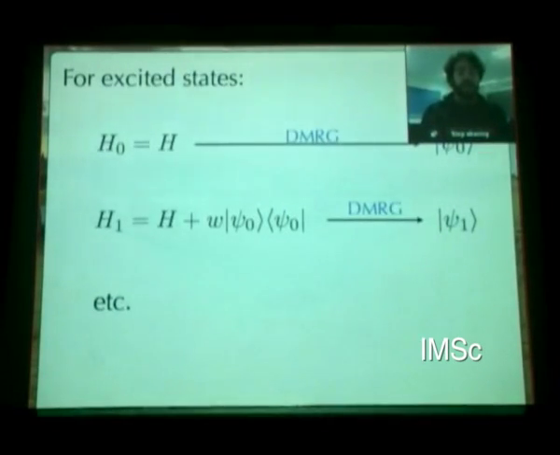Okay. So what I said was, this is actually meant for obtaining the second lowest eigenvalue of the Hamiltonian H, and it is not optimized for the state psi 1.